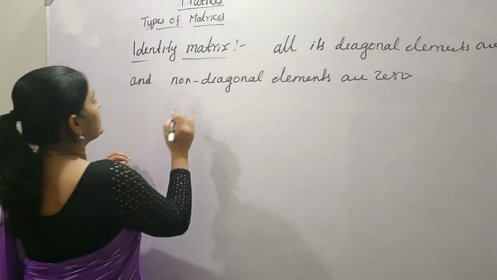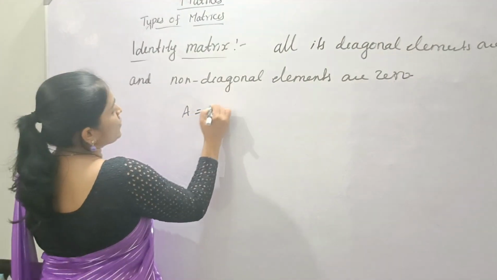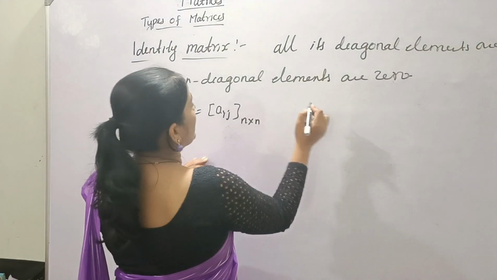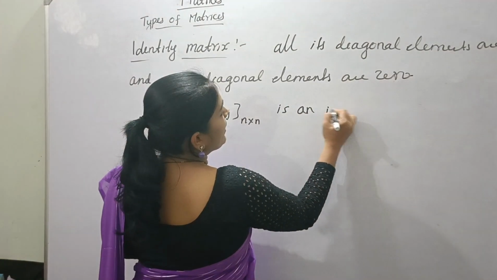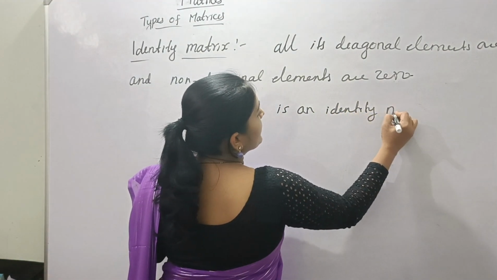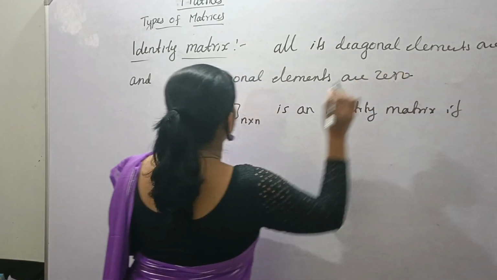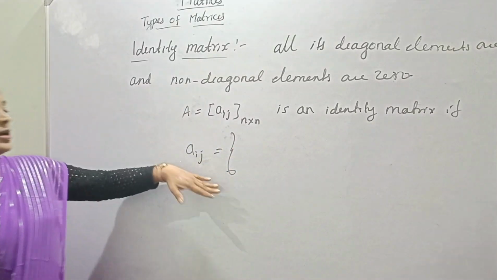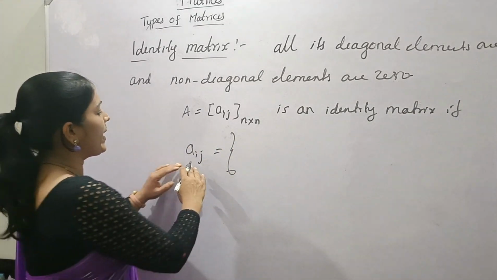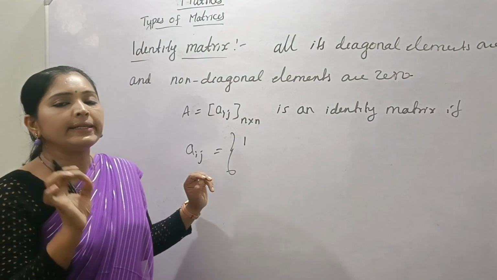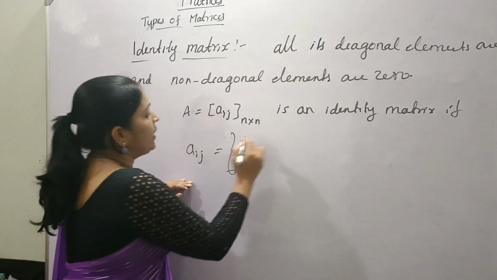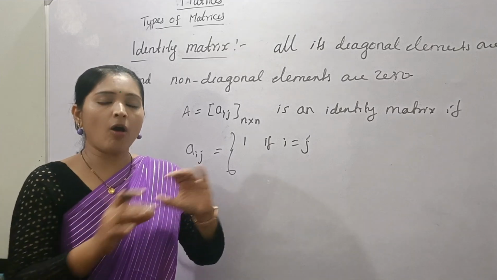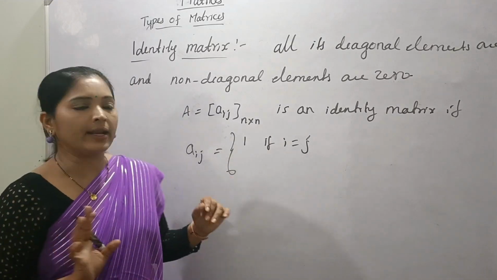We can define A is equal to the matrix Aij of order n is an identity matrix if Aij is equal to 1 for the diagonal elements, that is, if i is equal to j, which represents all the diagonal elements.